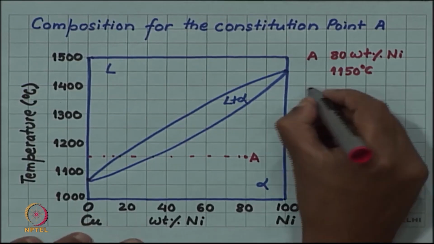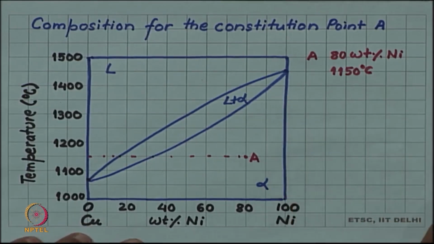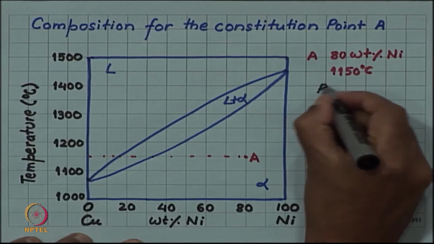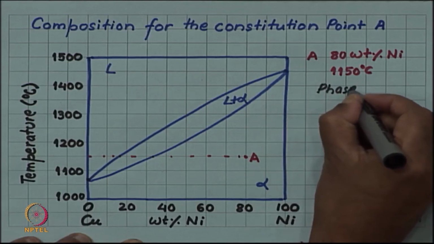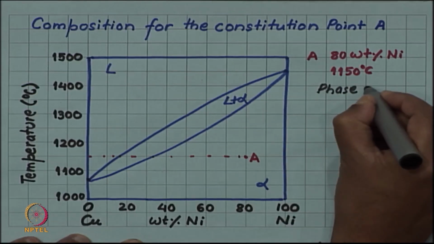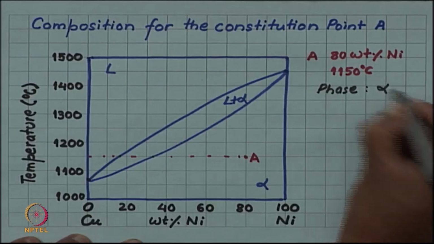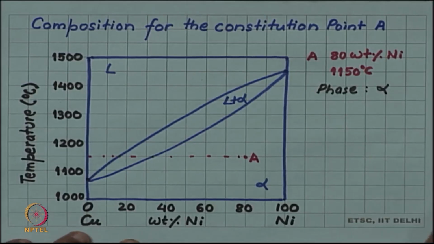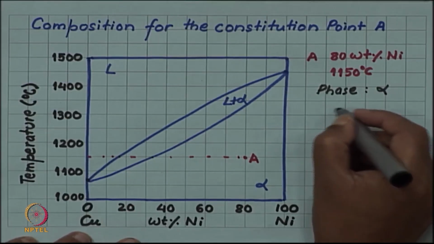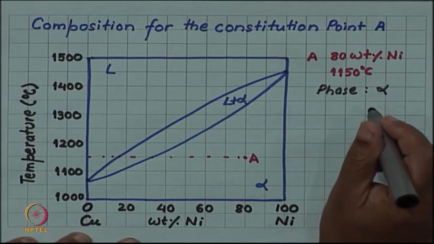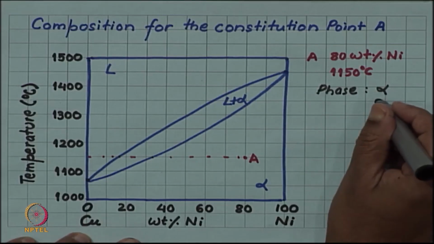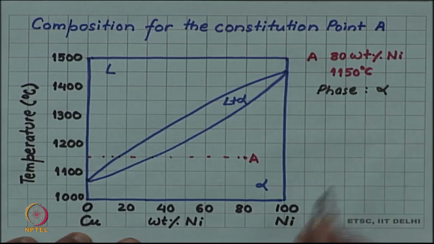And we have already seen what the phases present in this alloy were. The phase present was alpha. So, we can read this from the phase diagram. Now, the current question is, what is the composition of this phase, which means what is the proportion or fraction of copper and nickel in alpha.